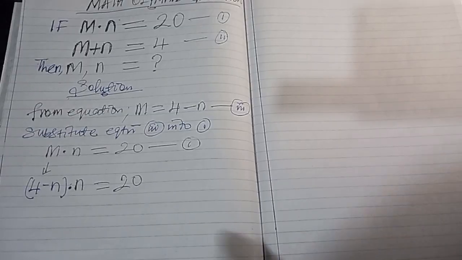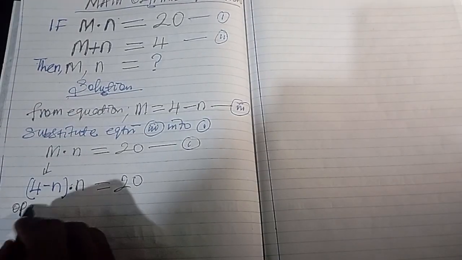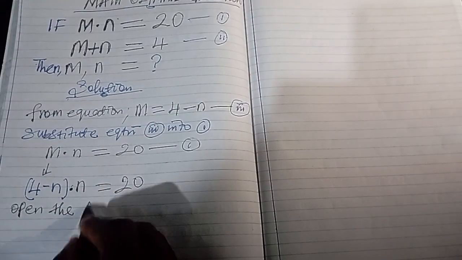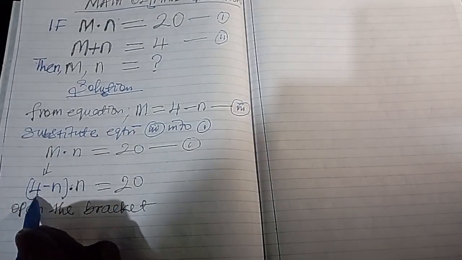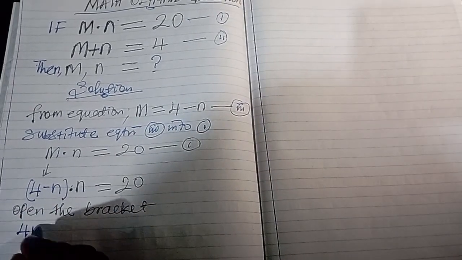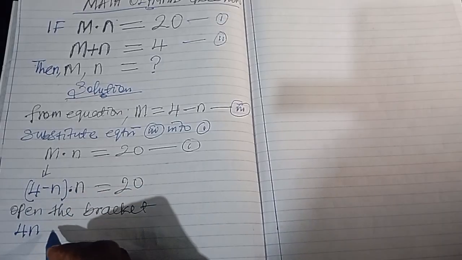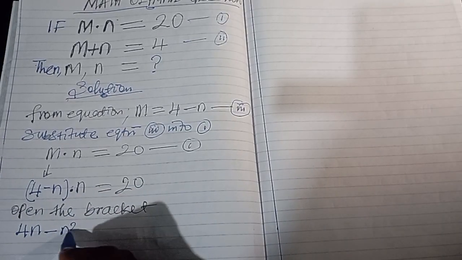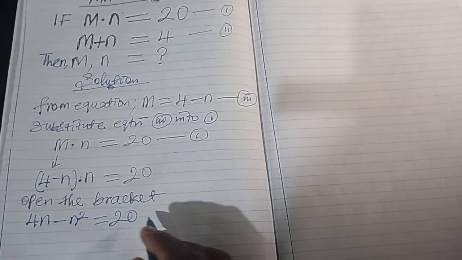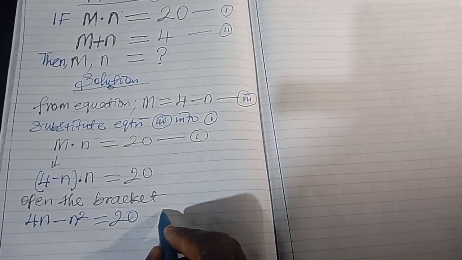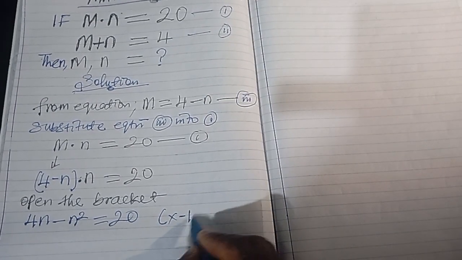Okay, now open the brackets. So that you have 4 multiplied by n, 4n, minus n multiplied by n, you have minus n squared equals 20. Good. Now let's multiply through by minus 1.